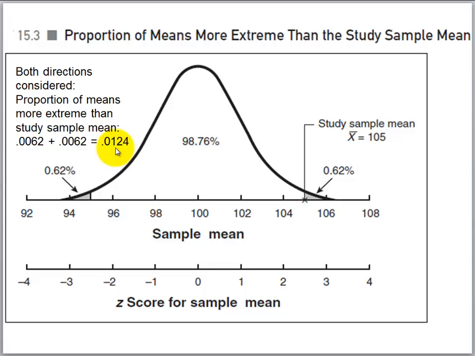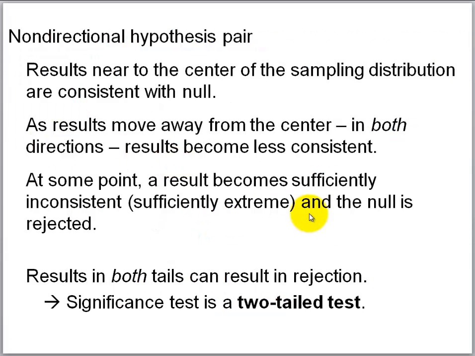And that probability works out to 0.0124. So that probability is just a little bit greater than 0.01. So in our example, P equals 0.0124.